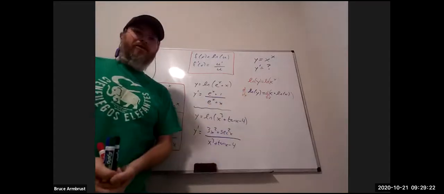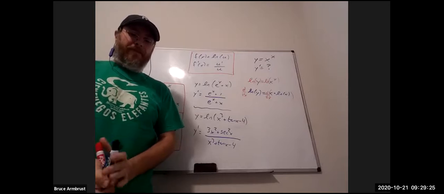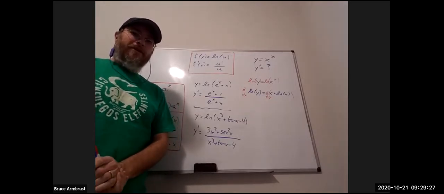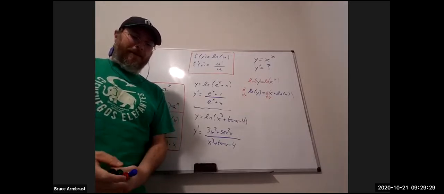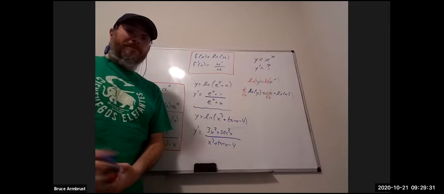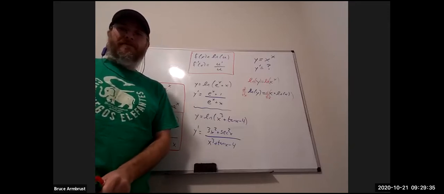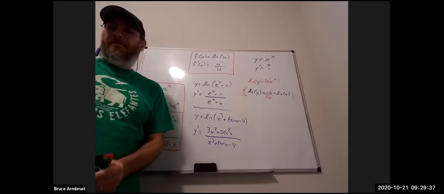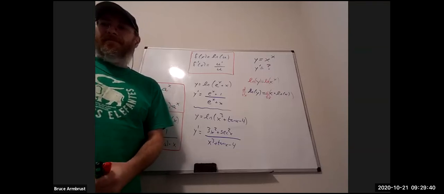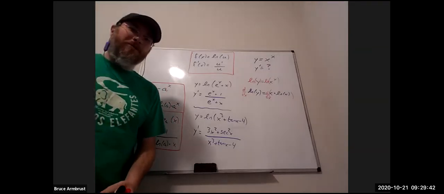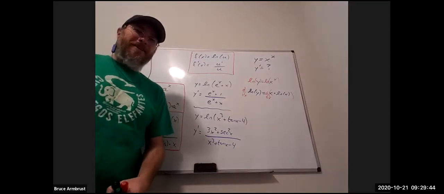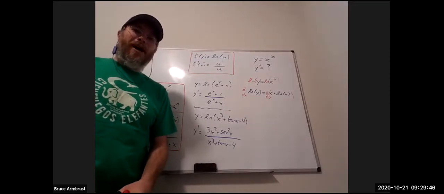All right, so let's look at the left. The derivative of natural log of y. What's that going to be when we differentiate with respect to x? Well, guess what, folks? It's going to be y prime over y.